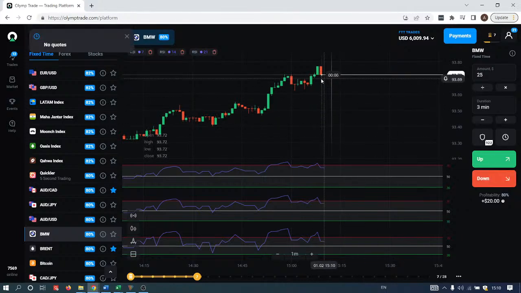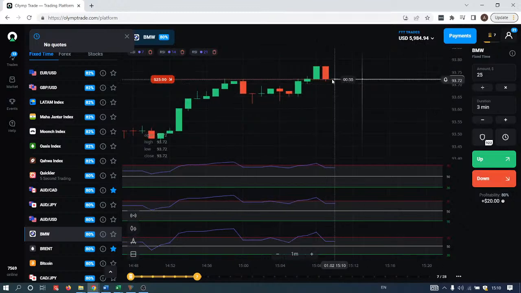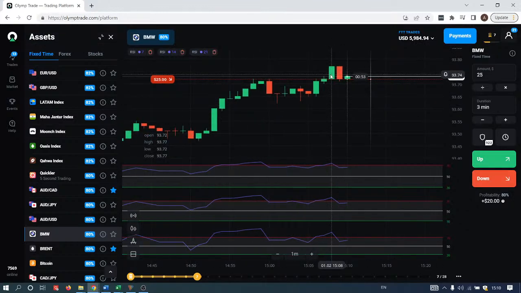So the only merit is to say the strategy is profitable or it is not profitable. That is the only way to tell.